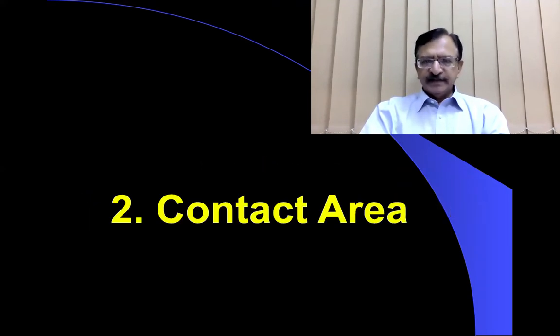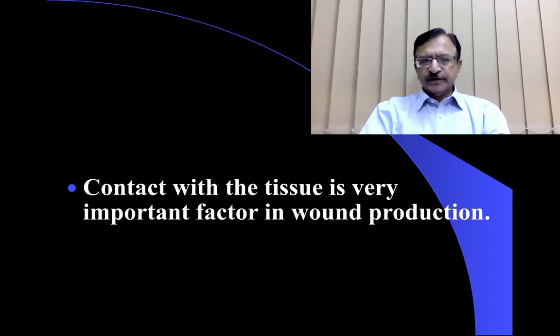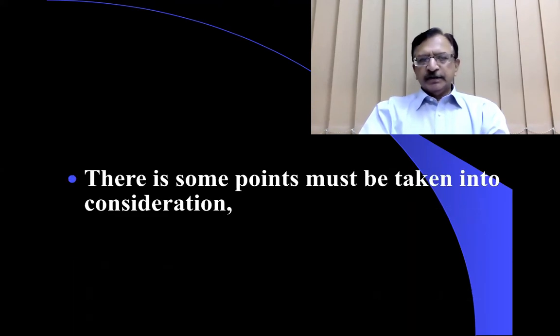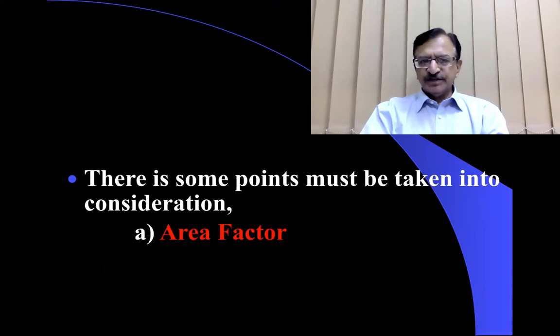So, the contact area factor. Contact with the tissue is a very important factor in wound production. Unless there is a contact between the subject and the object, a wound cannot be produced. There are some points which must be taken into consideration.